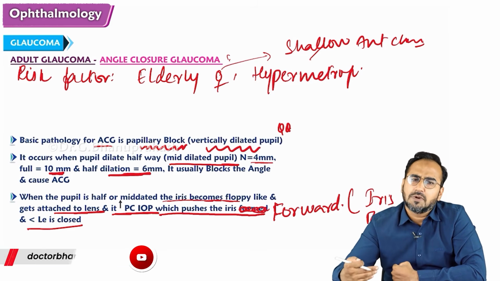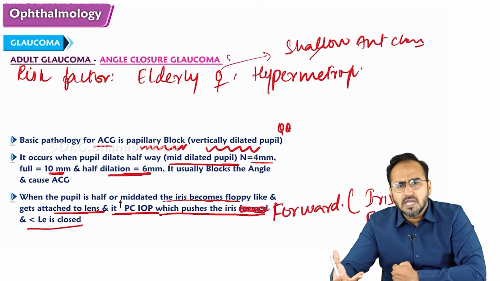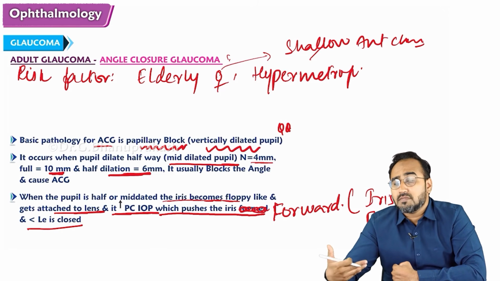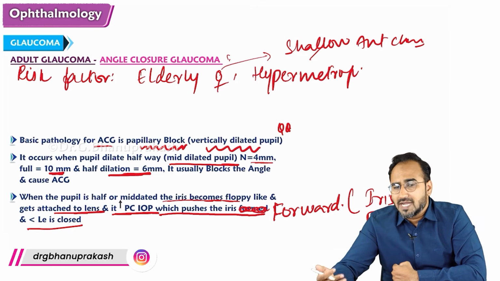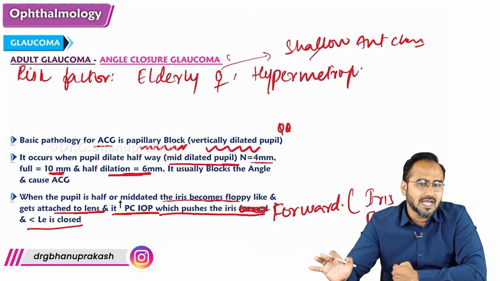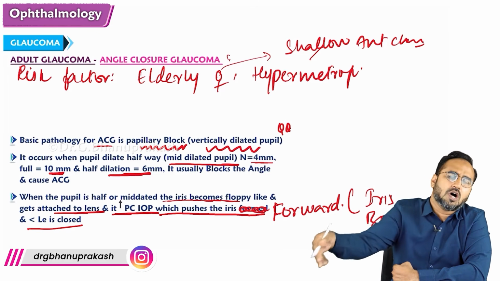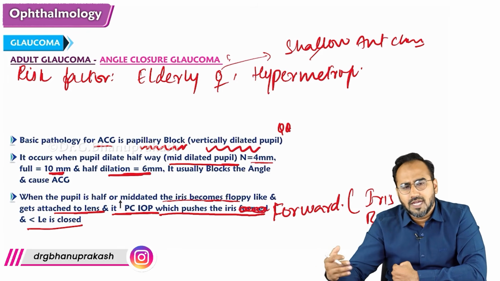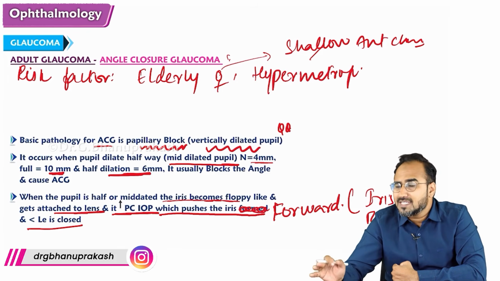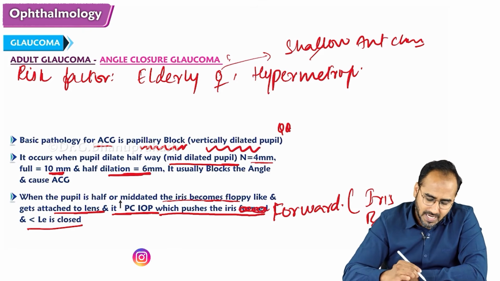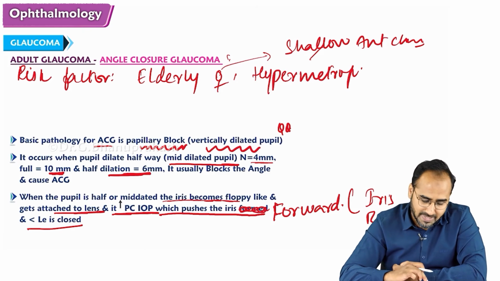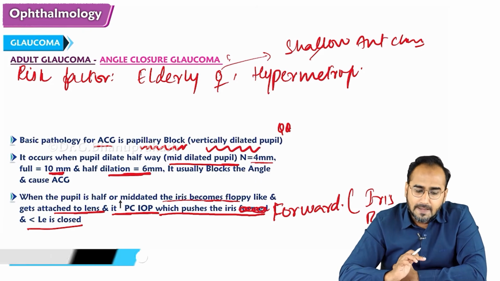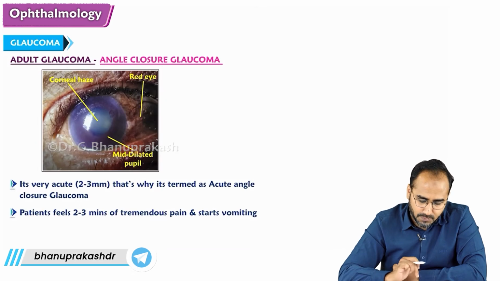But we are talking about how, normally, even without uveitis, a patient can develop angle closure. But the cause of pathology is what? The pathology is the pupil only, the mid-dilated pupil. Whether it is uveitis or here, it is the iris that is causing glaucoma. So in angle closure glaucoma, the basic pathology is the mid-dilated pupil.